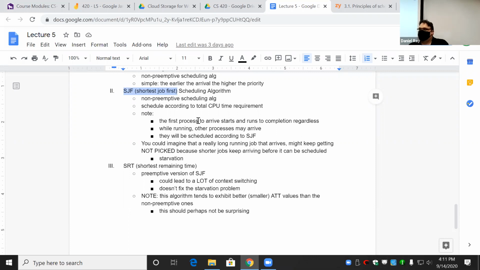And the remaining time is a priority that will cause the running process to be replaced by a ready process. That's the preemptive part of this algorithm. The downside of this is it can lead to a lot of context switching. And it also doesn't fix the starvation problem.